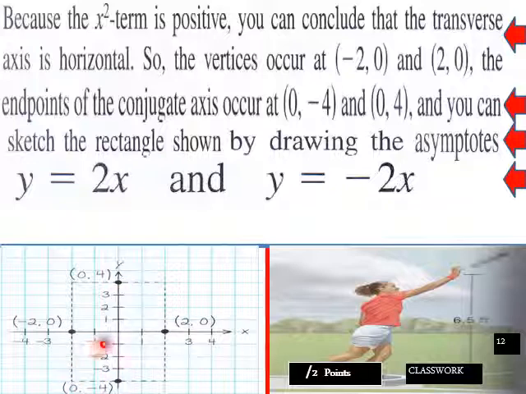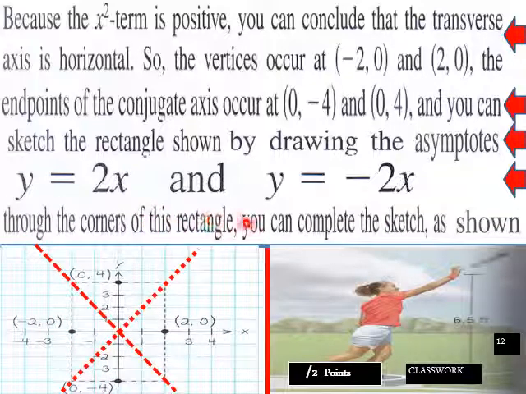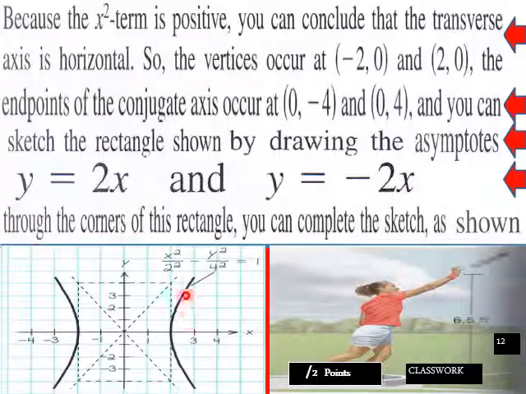So this would be your y equals 2x, and this would be our y equals -2x here. Then through the corners of this rectangle, you can complete the sketch as shown. Here are the asymptotes for this hyperbola, and then we just sketch in our hyperbola, and that should be how it looks.